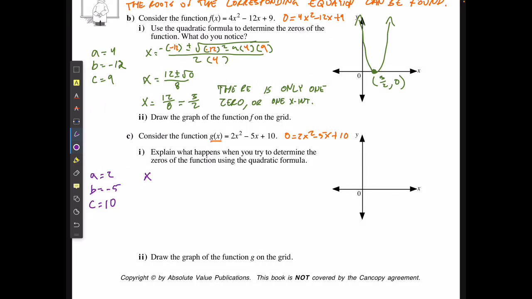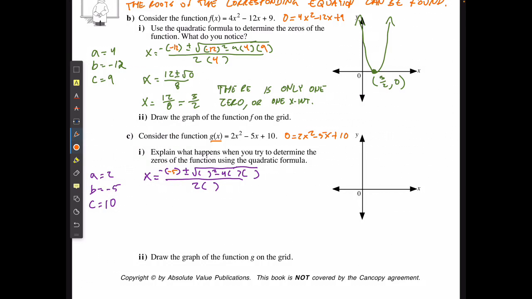So x is equal to negative a number plus or minus the square root of a number squared minus 4 times a number, all divided by 2 times a number. I'm going to substitute the numbers in where they go.